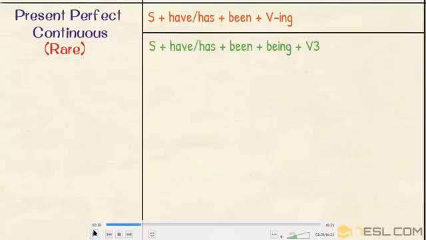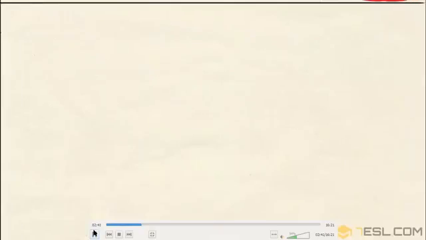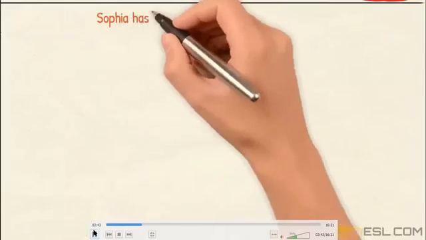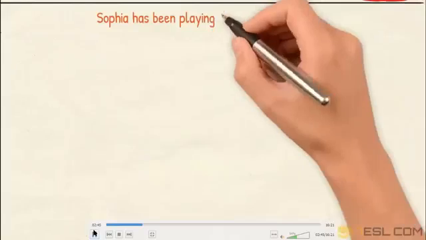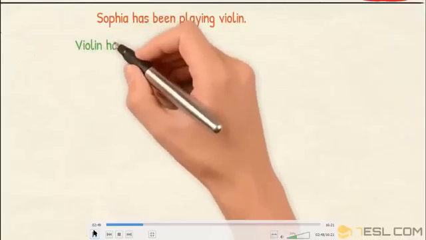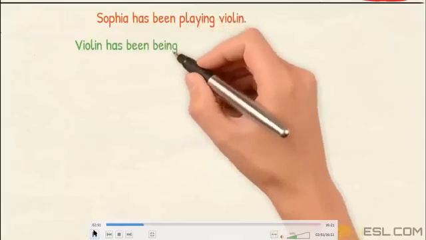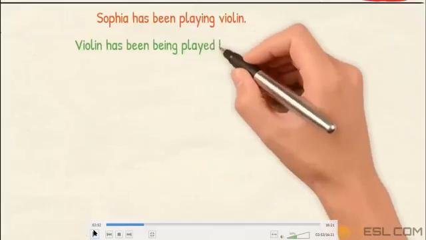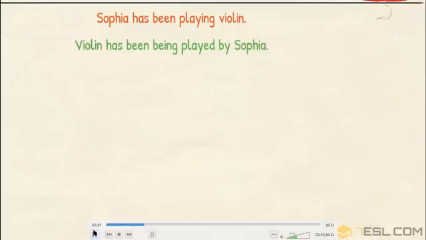Subject have or has plus been and being, and the third form of the verb if we are changing it into passive voice. Now the example is, Sophia has been playing violin. Violin has been being played by Sophia.